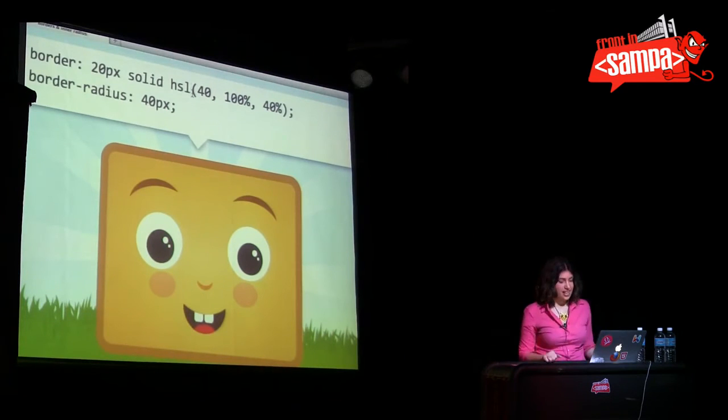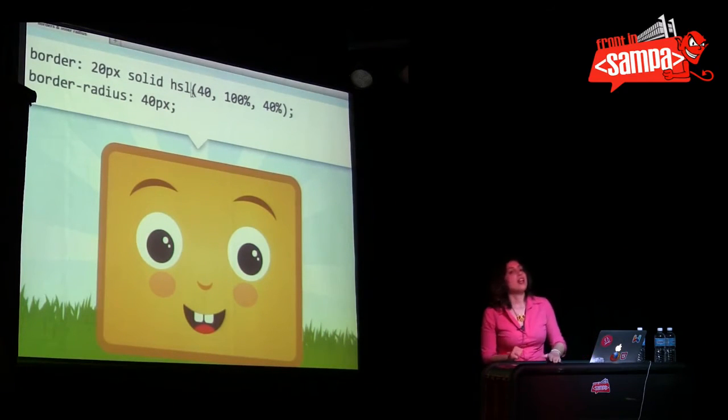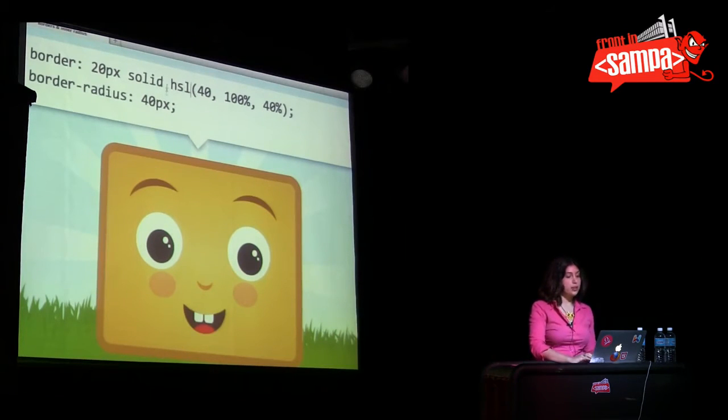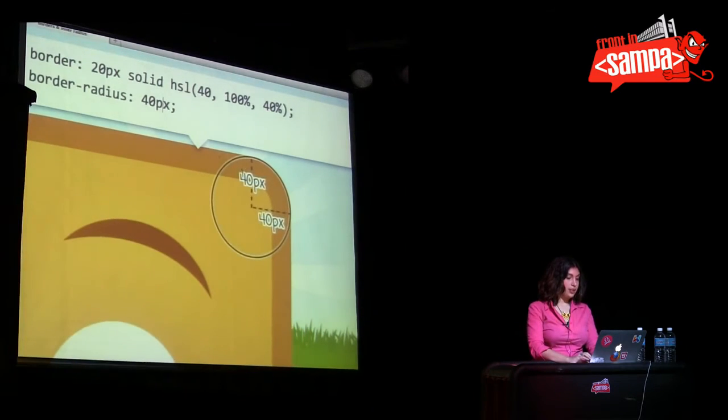Well, I had. The reason it's called border radius is that when you have a border, it rounds the outer edge of the element, not the inner edge. Here, we have a border radius of 40 pixels, and you can see that the rounding that's 40 pixels is the outer edge.